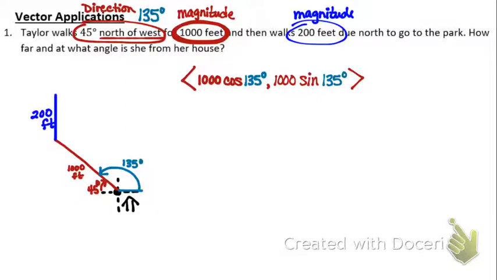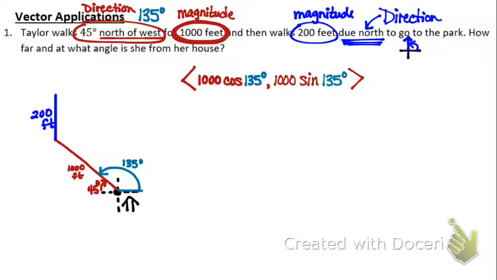I need to be able to get a direction. Do I have anything that's telling me a direction? Due north. But I have to describe my direction as an angle. Straight up would be 90. Yes, here's due north.